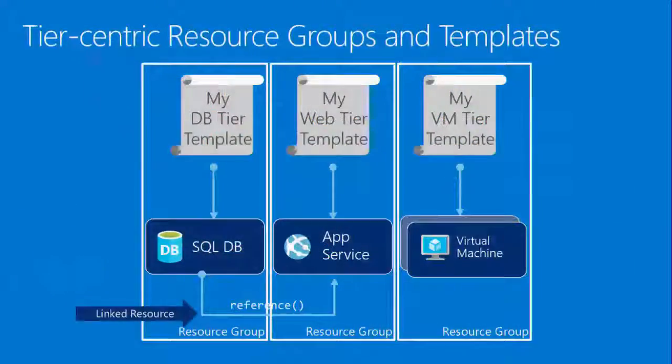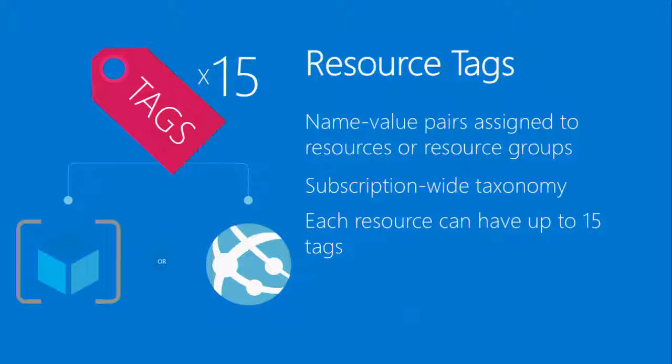OK, so the next one, which is an easy concept, is tags. With resource groups, now you can basically tag or associate name-value pairs with any resource. Literally any resource that you deploy in Azure, whatever it is, you can put up to 15 tags. And you can use them for anything.